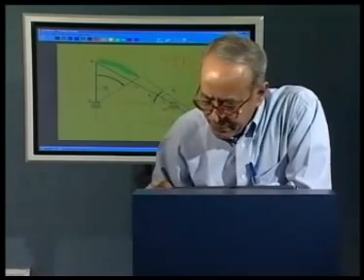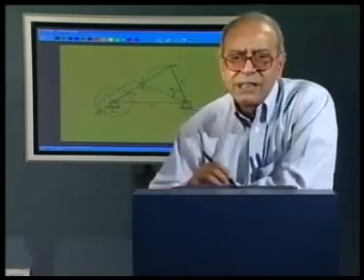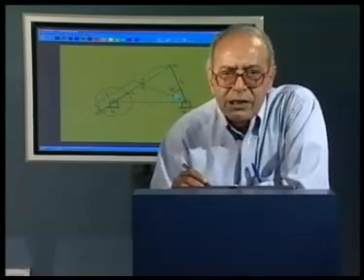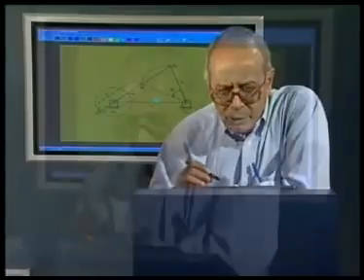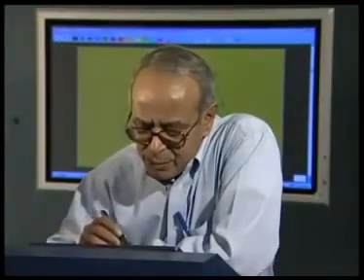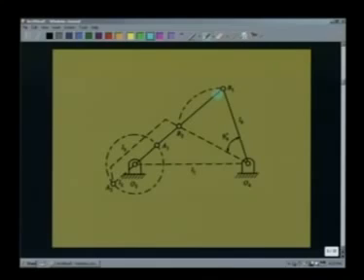Towards this end, we consider this figure which has been drawn for a mechanism without any quick return. One extreme position is O2, A1, B1, O4, and the other extreme position is O2, A2, B2, O4. During these extreme positions, the crank and the coupler are always collinear.